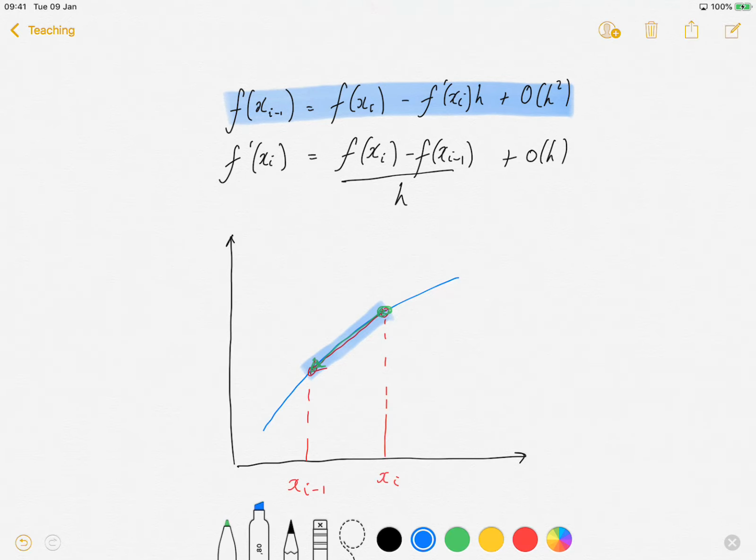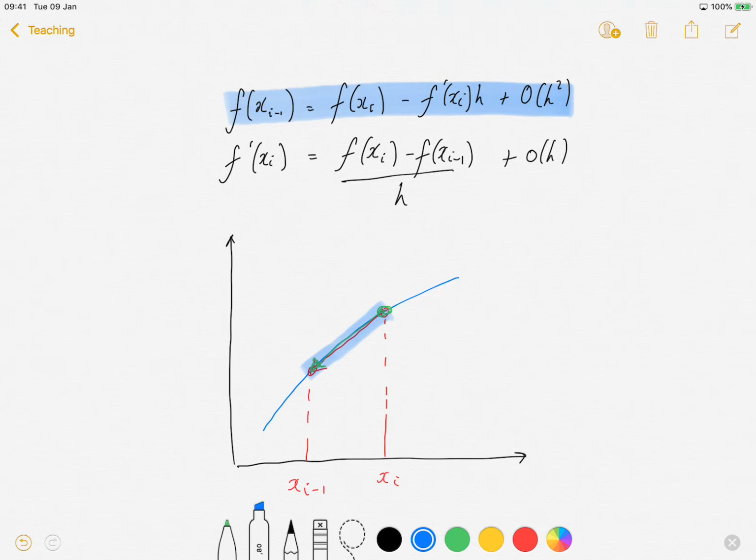Now, to calculate the value at f of xi minus 1, we can use the Taylor series, as I've already mentioned.